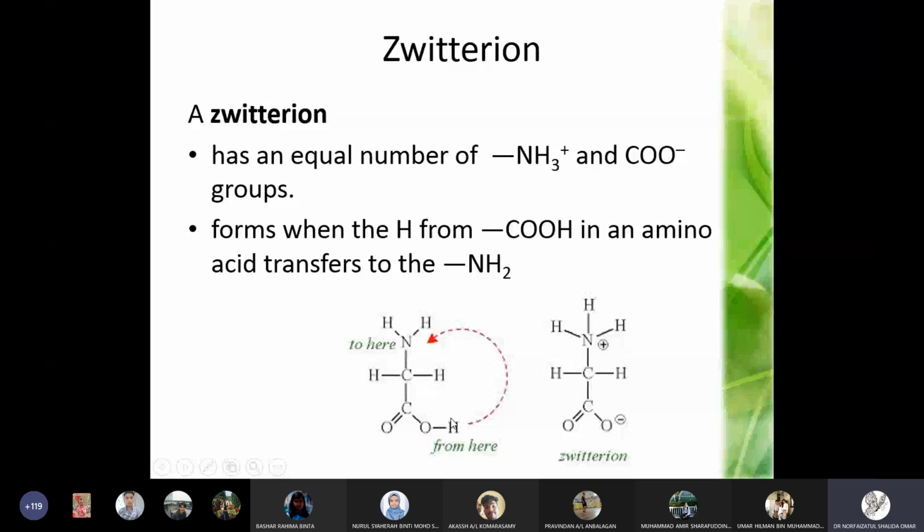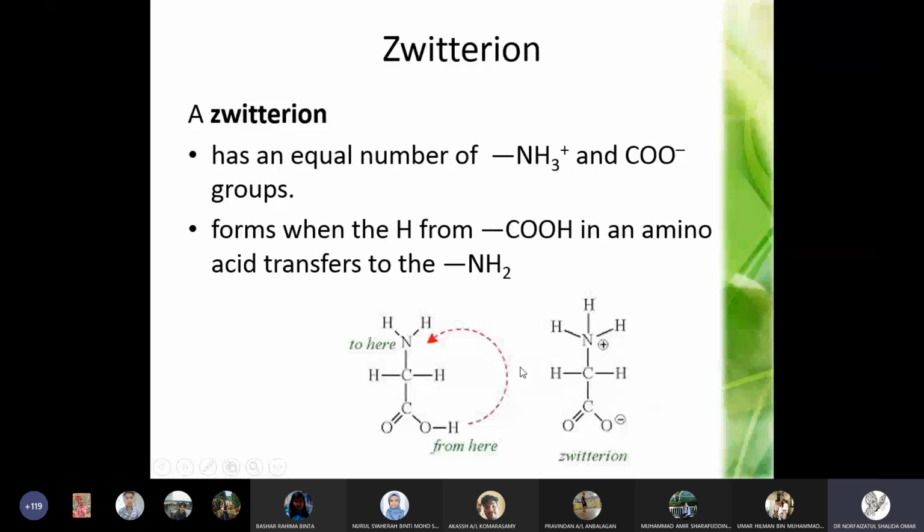The carboxyl has COOH, right? So this H is transferred to the amino group NH2, so it becomes NH3.